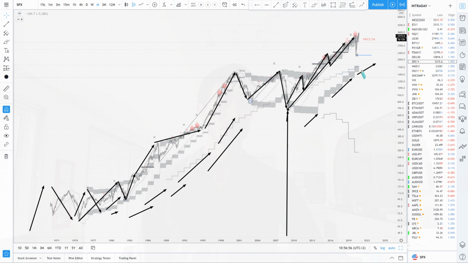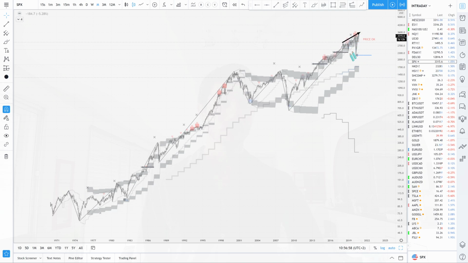What we're experiencing right now is an expanding wedge structure, which means we normally don't break out of these structures immediately. We generally stand still for a bit below the structures before actually breaking.